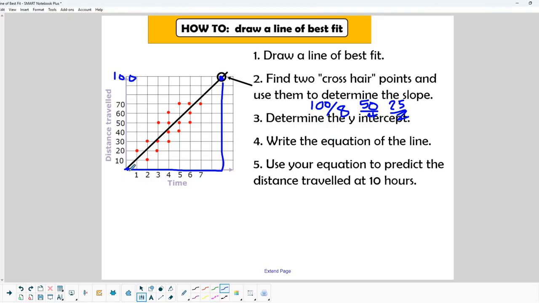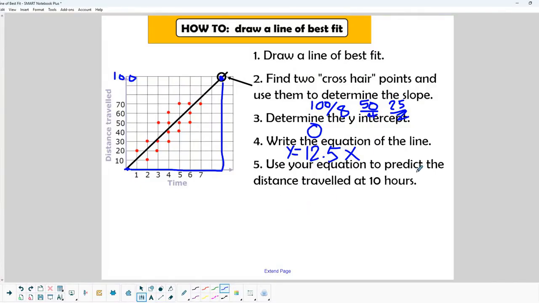So the y-intercept in this case was at 0, 0. So our y-intercept is 0. So if we write an equation for the line of best fit, 25 divided by 2 is 12.5. So we're going to have y equals 12.5x, and a y-intercept of 0.